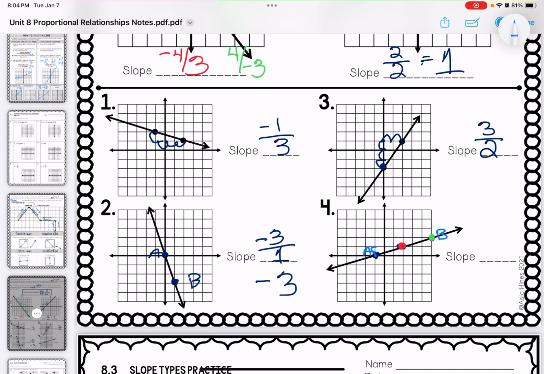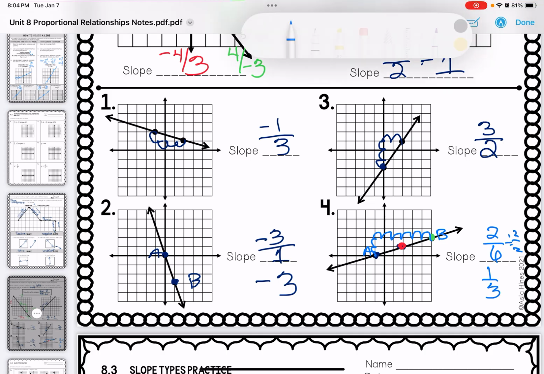So 1, 2, went up 2, and then I have to go over 1, 2, 3, 4, 5, 6. So I got 2 over 6. And if I reduce that, divide by 2 over 2, my slope is 1/3.